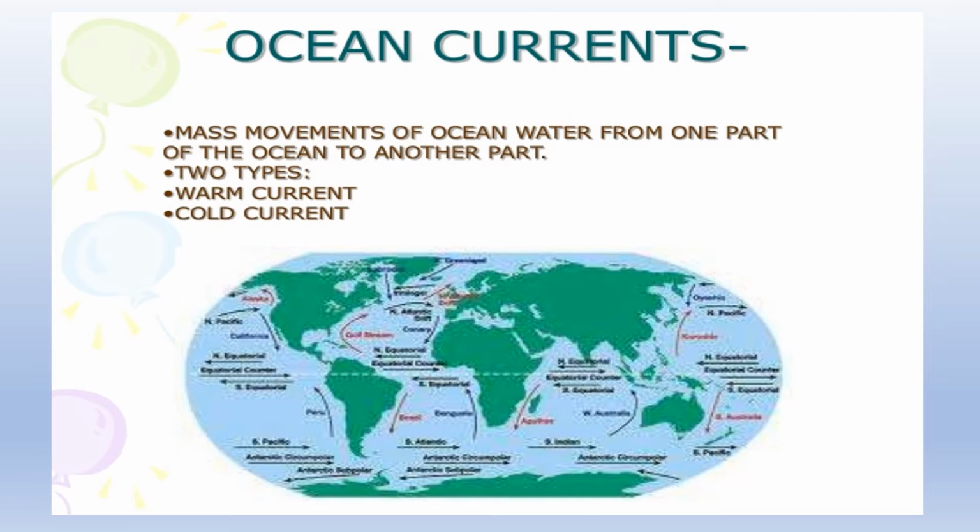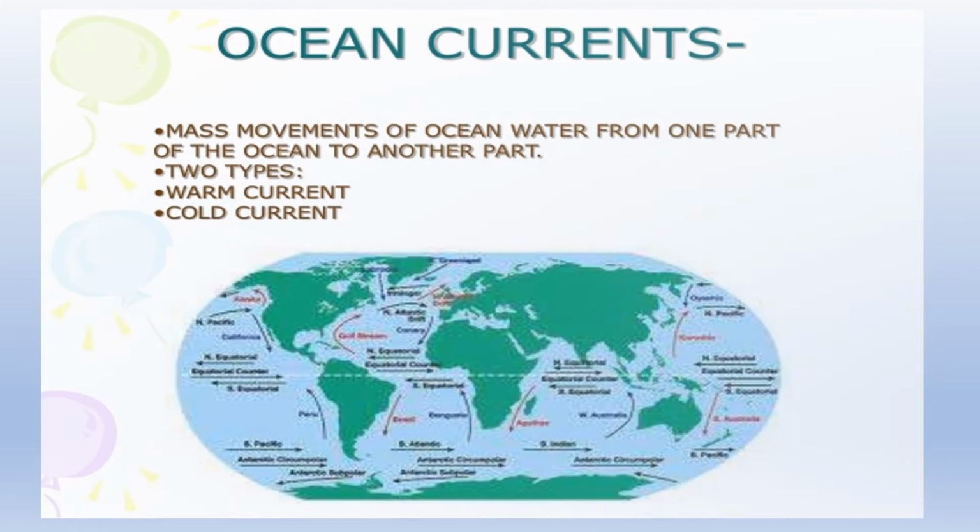Here there are two types of current, warm current and cold current. It carries the characteristic from where to where the water is flowing, and that will be the type of the water. Whether it will be warm or cold is found from the region where the water originates and starts moving.